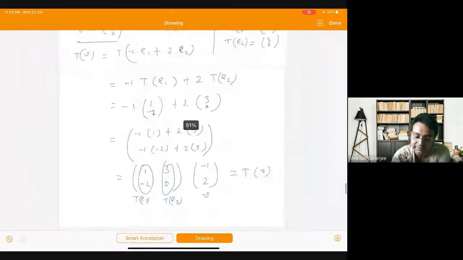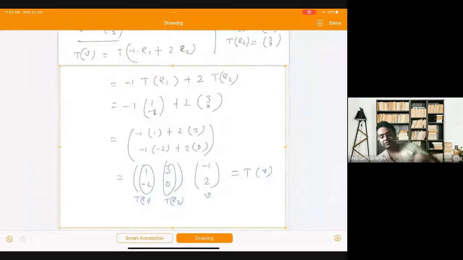So TV is now represented by a matrix where the first column is the coordinates of TE1, the second column is the coordinates of TE2, and then we multiply V with this matrix and we get the new coordinates of TV.